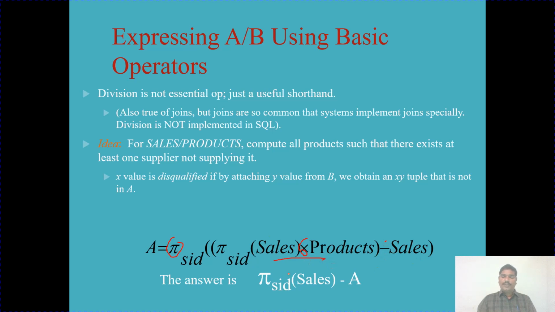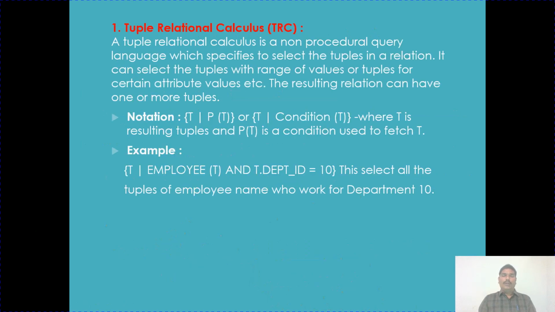The answer is project SID sales minus A. This is the set operation, which only differentiates sailor IDs and A. This is the result for this query.